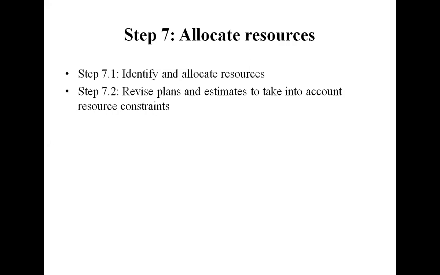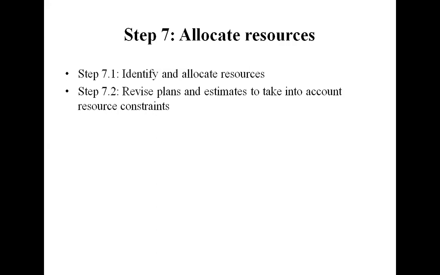Next, the second one, revise plans. 7.2, revise plans and estimates to take into account resource constraints. For example, staff not being available until a later date. If the staff is not available until a later date, we have to revise the plan or estimate. We also have to check non-project activities.